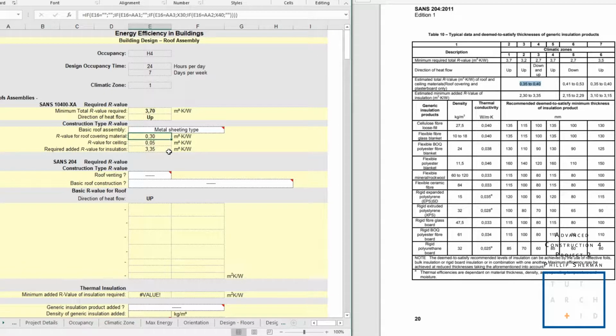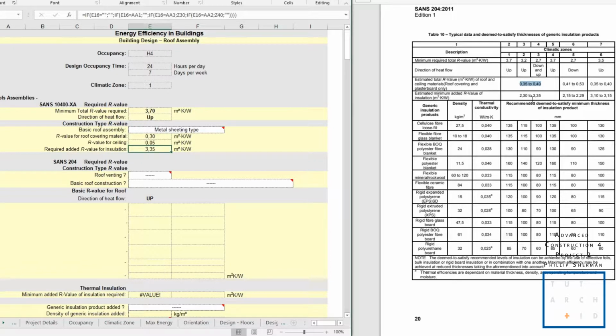Now, this includes the air gap, the roof sheeting itself, and the air gap layer that is underneath the roof sheeting. It gives me a resistance of 0.30. If I use a plasterboard ceiling, I get a resistance of 0.05, and then this is the minimum insulation R value that I need.